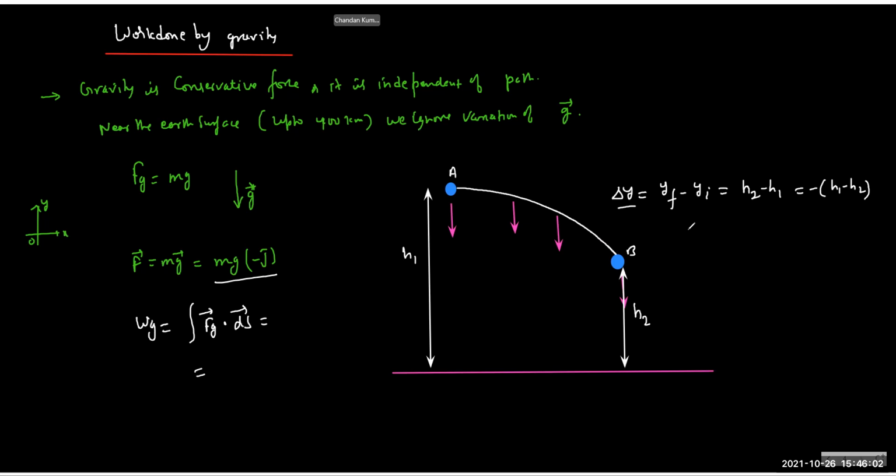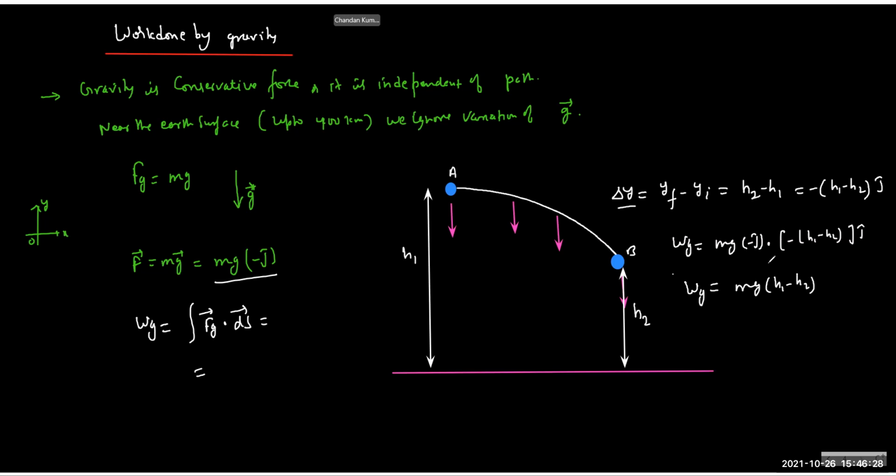So how can we write delta y in notation? This is basically j cap. And if you write the gravity as mg along minus j, dot (h2 minus h1) j, and j dot j becomes 1, so the answer is mg.